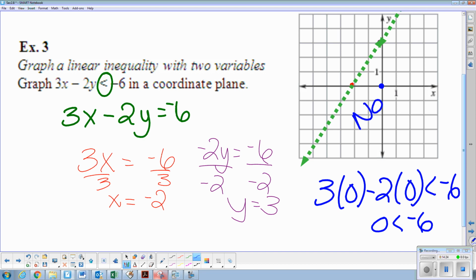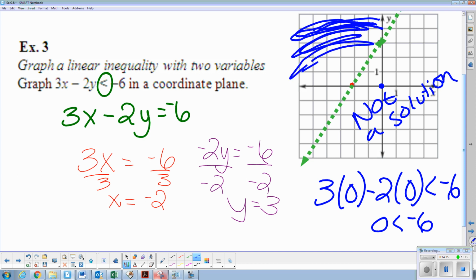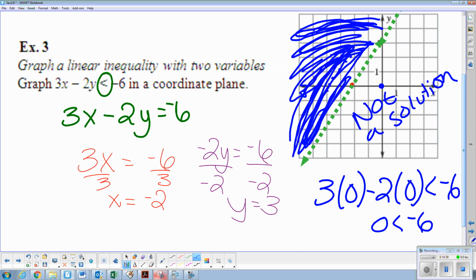No. So that is not a solution. So every point in the other half plane is where I will shade. This is my solution. So those are all of the points where 3x minus 2y is less than -6.